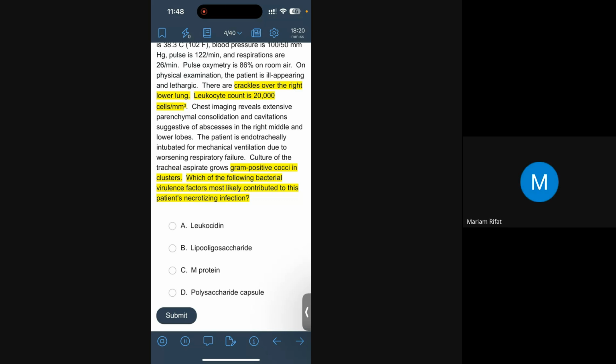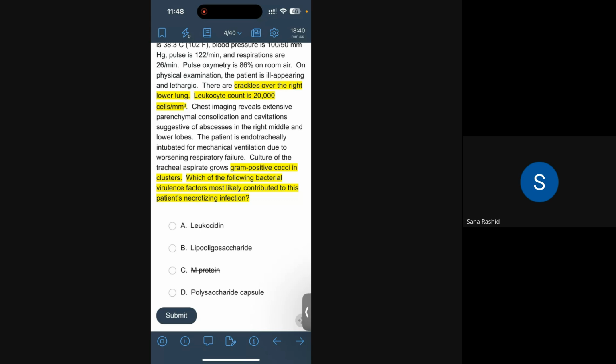Rheumatic fever is caused by Group A strep, Streptococcus pyogenes, in which we form antibodies against the M protein, leading to antibodies against heart protein, and it causes rheumatic fever. So M protein is not the answer.